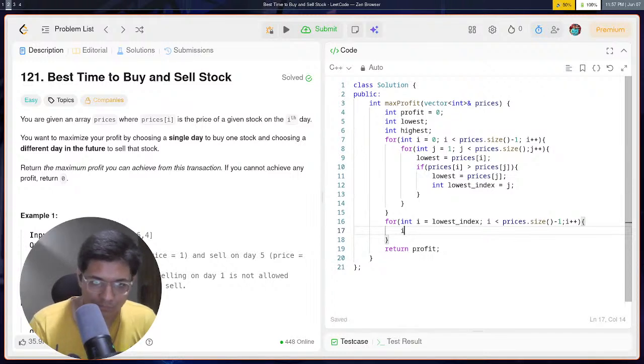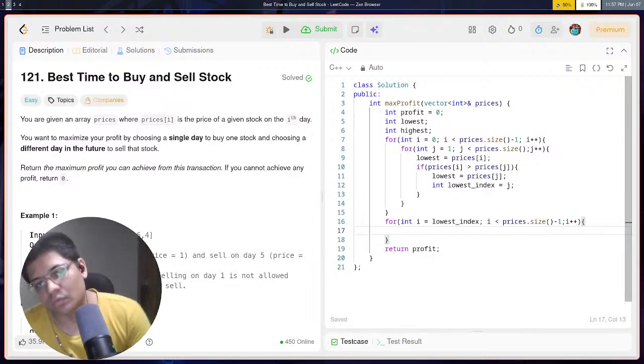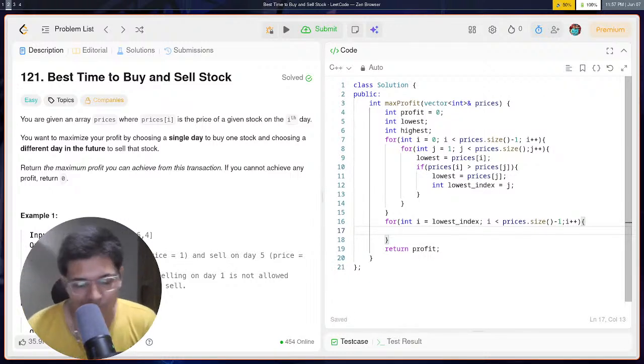And we can append the value or compare them.